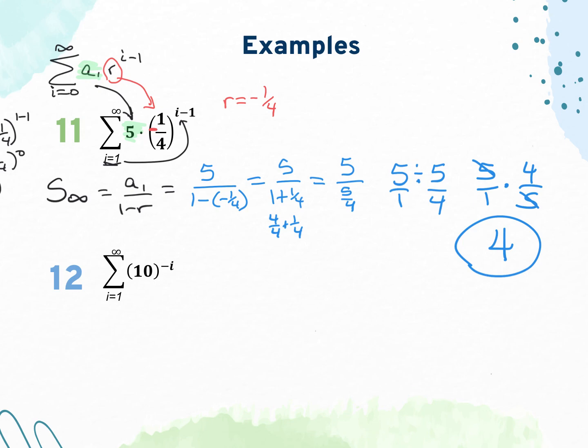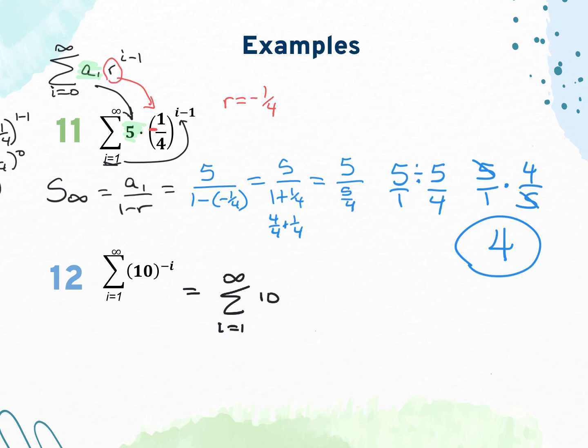And for the last example, what we're going to do here is we need to fix this because notice this 10 is raised to a negative power. So let's go ahead and modify this a little bit. Let's change this to summation, put in infinity, I equals 1.